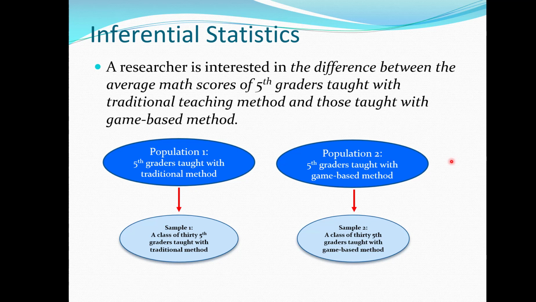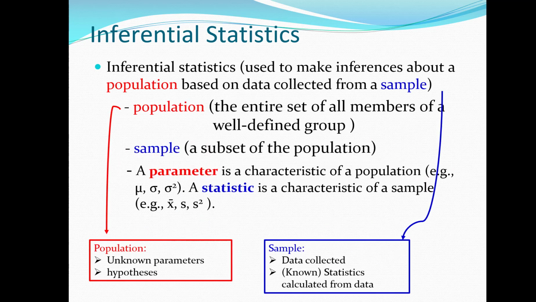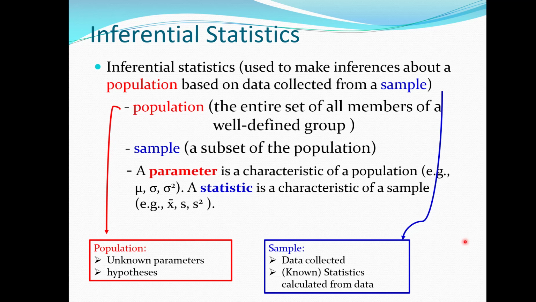Let me go to my next slide. As I put it here, inferential statistics is used when you make inferences about a population based on data collected from a sample. As a summary, I would like to do a review about the differences between population and sample.